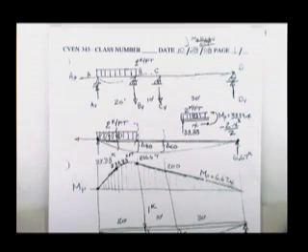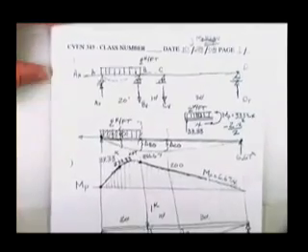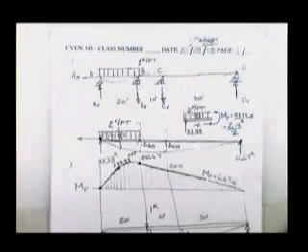They put one at B and one at C. By adding extra supports, they made it statically indeterminate, +1, +1. And therefore, we cannot determine the forces or the shear moment diagram by statics alone.